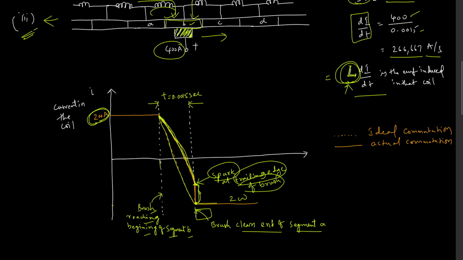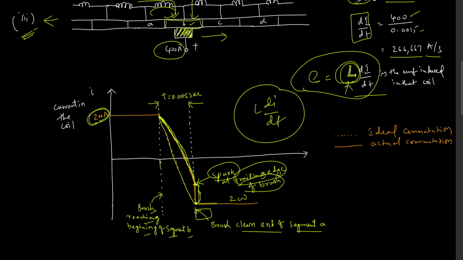So this induces some finite amount of EMF, which opposes the reversal of the current. That is the L di by dt voltage induced in that coil, which opposes the reversal of the current, and again it creates sparking at the trailing edge of the brush.